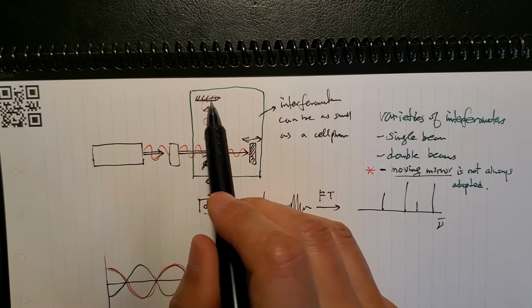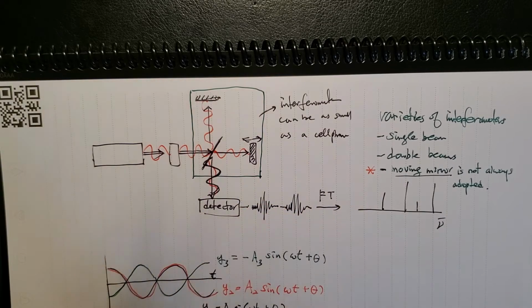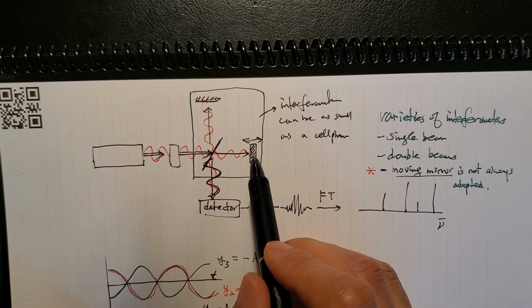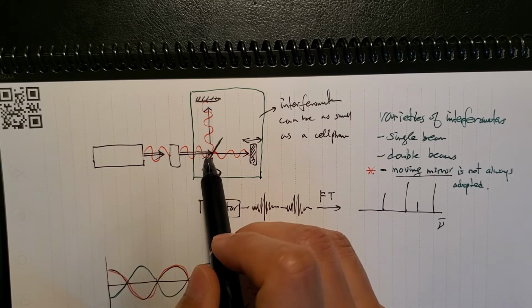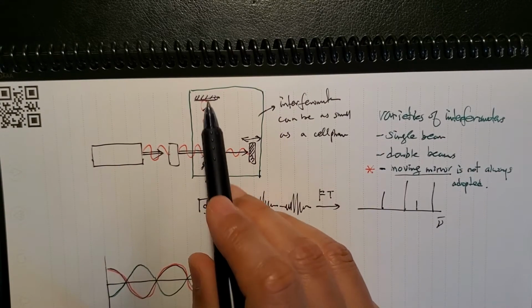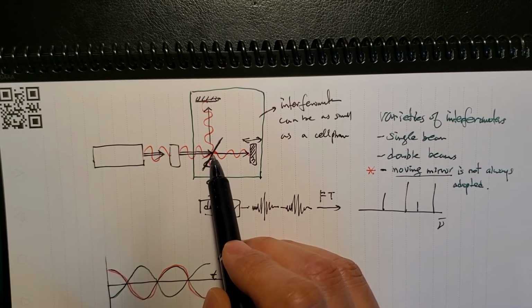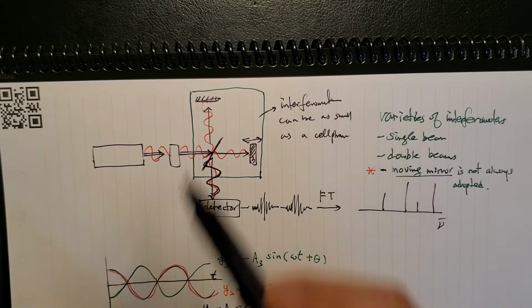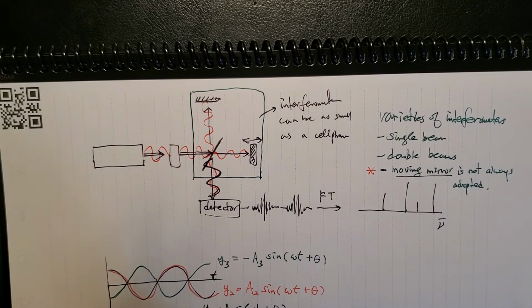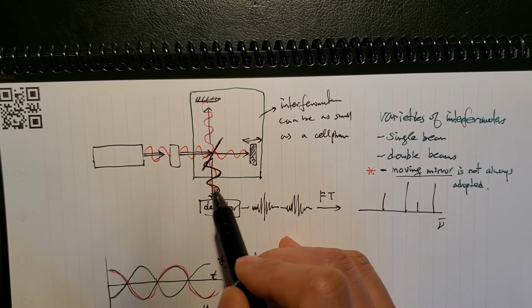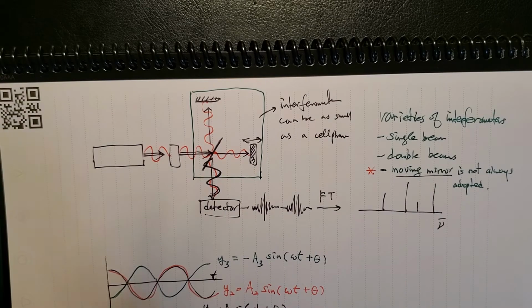And then the mirror will make it come back. Then if this moving mirror is right at the same distance as this one, then the same thing happens, and when they come back, they start to interfere. I'll talk about interference down here, but it will interfere and generate this new interfered light, and that will be detected.